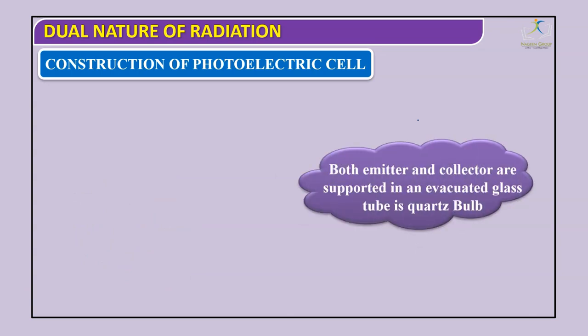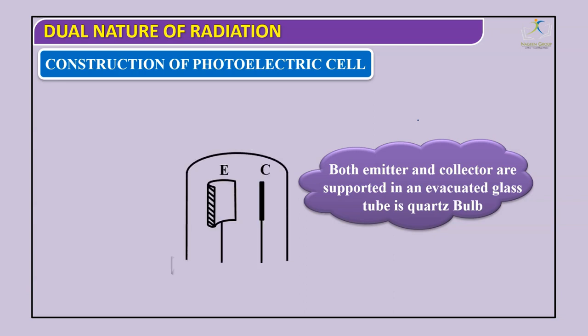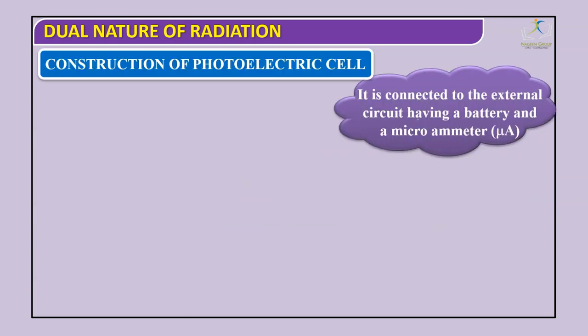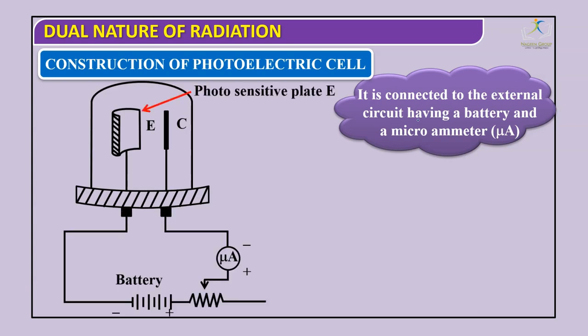Both emitter and collector are supported in an evacuated glass tube or quartz bulb. It is connected to an external circuit having a battery and a microammeter. Photosensitive plate E, collector plate C, glass tube.